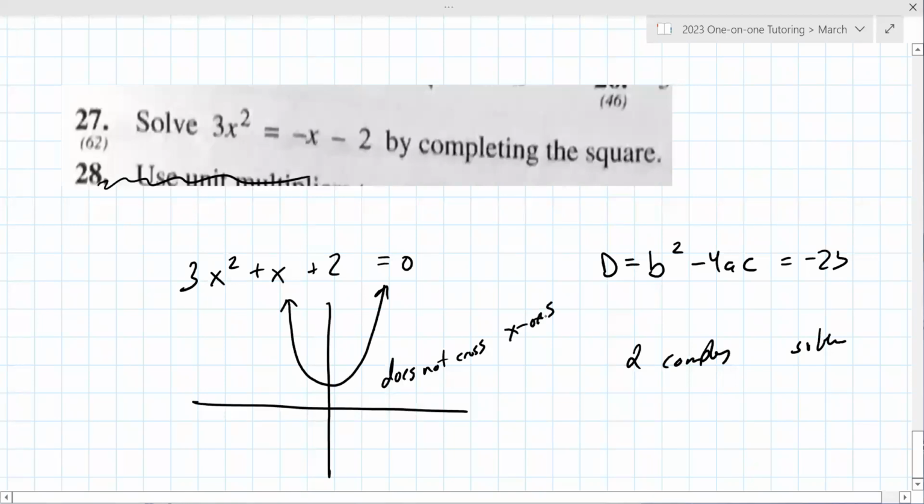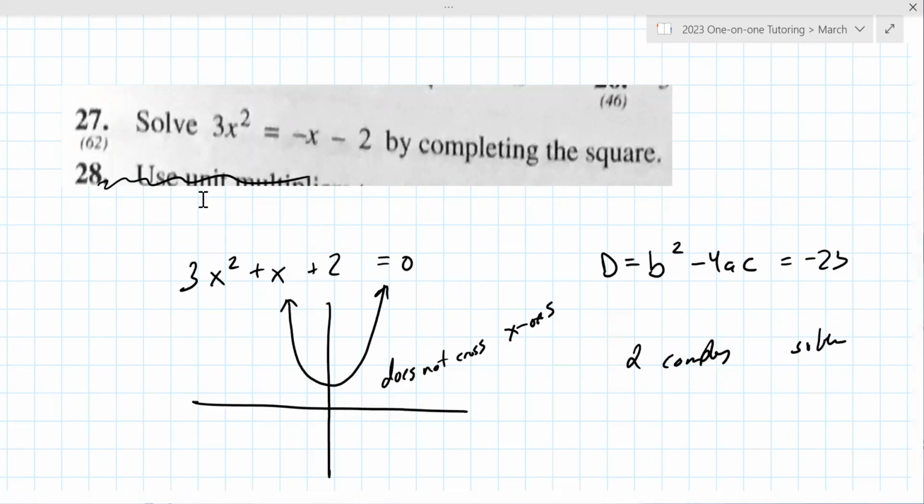And that's why maybe this is odd. You're like, wait, it has solutions. Yeah, they're 2 complex solutions, not real solutions. Real solutions would have to cross the x-axis here. All right. Now, do you want us to do this by completing the square? Sure. Okay.